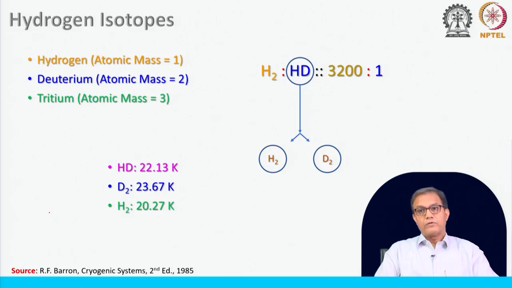Now, how to separate this hydrogen deuteride from hydrogen? One of the separation processes is cryogenic distillation. We will not go into the details of distillation in this class, but we will talk in a nutshell about how this distillation works in the cryogenic domain.